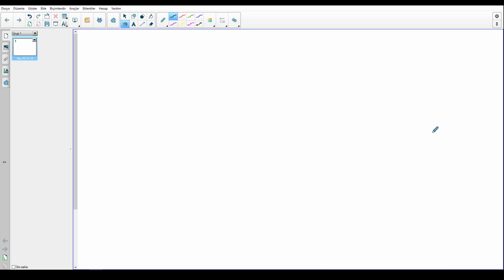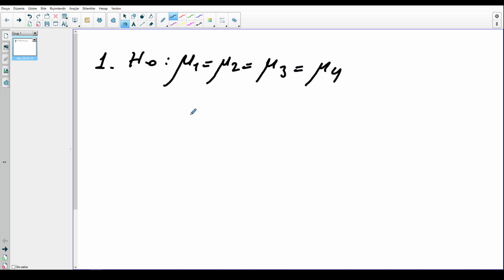First, we should write hypotheses for one-way ANOVA. H0 is the null hypothesis. We will say that for the population, there is not a statistically significant difference between groups.